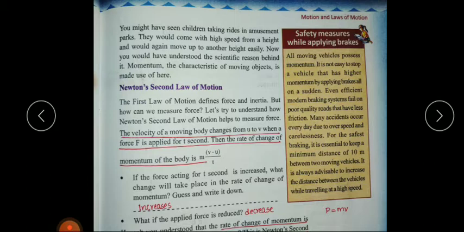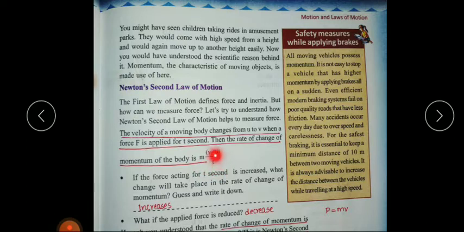So on applying a force F, what happens? The velocity of the moving body changes from u to v, where u is the initial velocity and v is the final velocity. Then the rate of change of momentum of the body is m into v minus u by t.